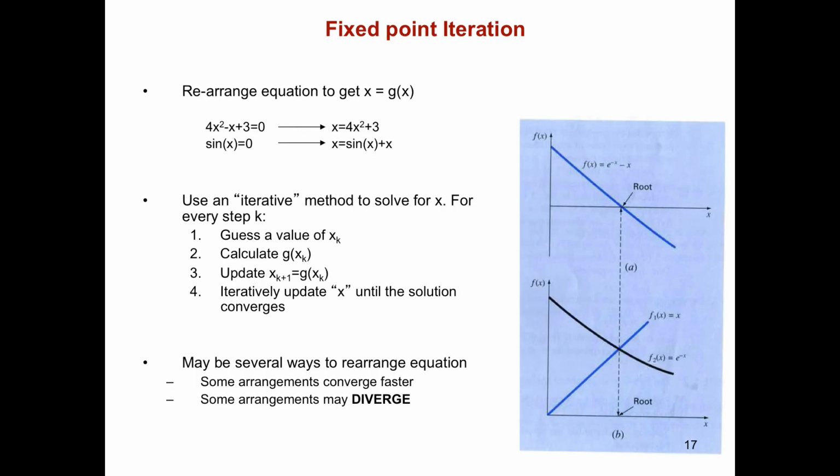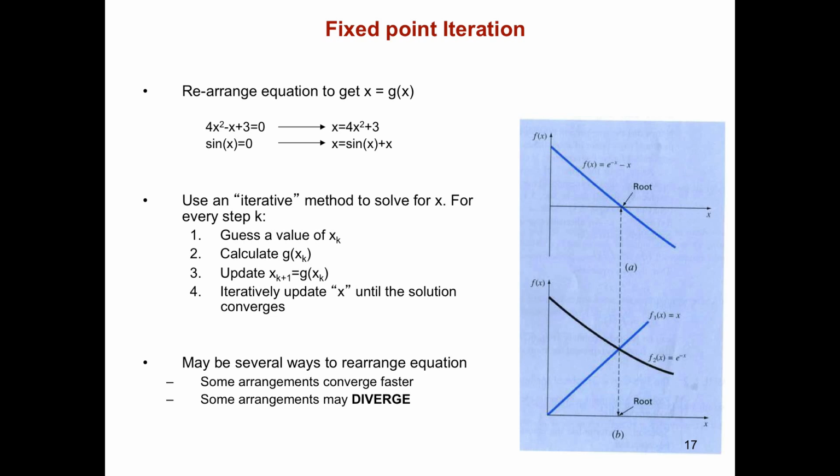One such method is called the fixed point iteration method. The way it works is that, possibly in certain cases, I have an equation that I can manipulate. My original equation was f of x equals 0.